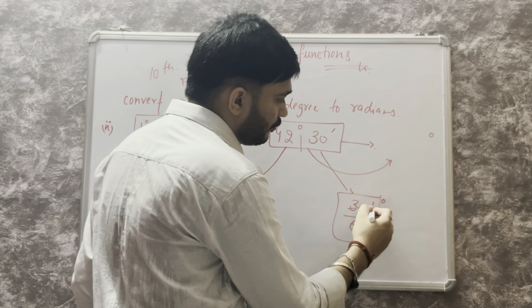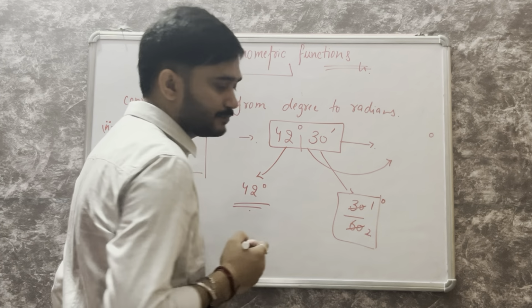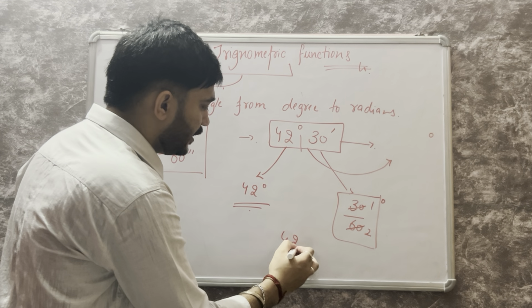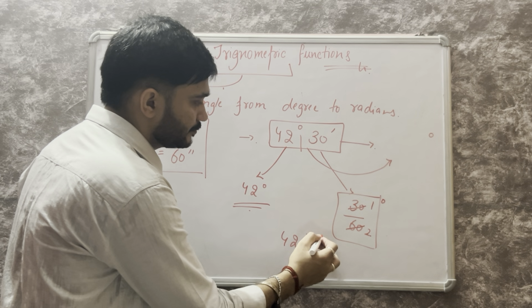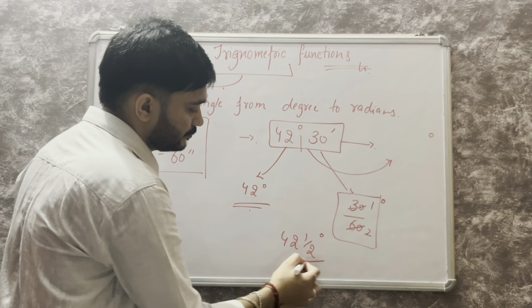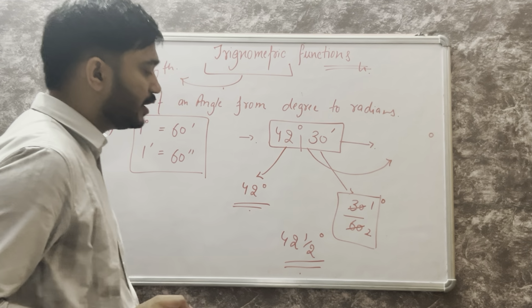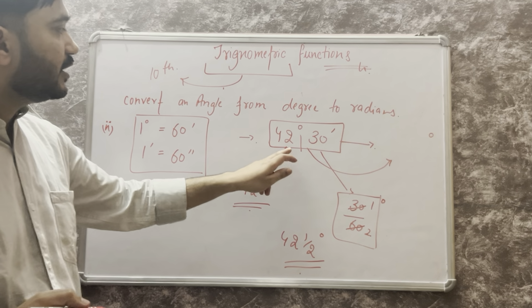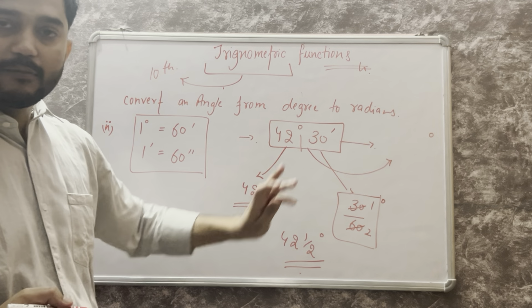Cut it, you get 1 by 2. Write it as a mixed fraction. So 42 and 1 by 2 is the degree representation of 42 degrees 30 minutes.